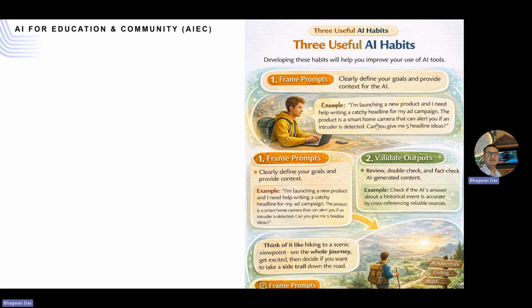You see that this example has the goal, and you also have to provide these kinds of prompts. Let's have a look at this other prompt: I'm launching a new product and need help writing a catchy headline for my ad. The product is smart. So you see, this has a goal and a context.